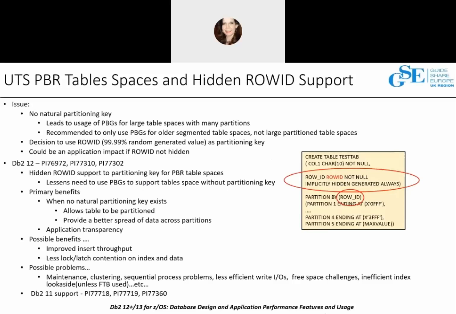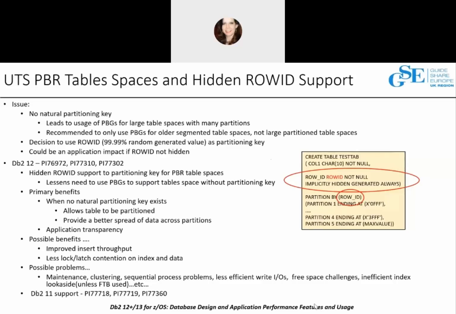Now some benefits you might see by this, because this is a random number, some people see that you might get better insert throughput and less lock contention on data and indexes because your inserts would be going all over the table space. But on the other hand, sometimes that can be a bit of a challenge too, because you don't have the ability to maintain clustering, you get bad sequential processing, less efficient write IOs, free space challenges, etc.